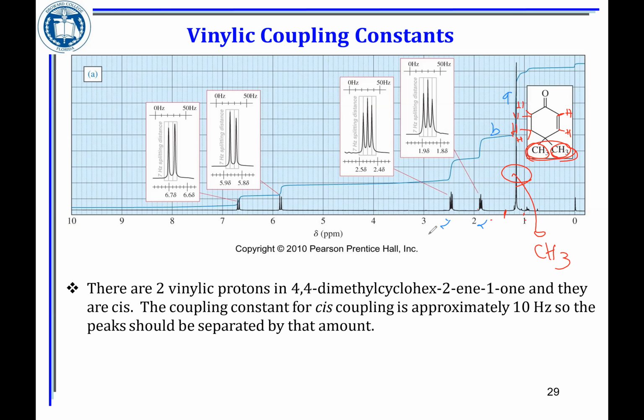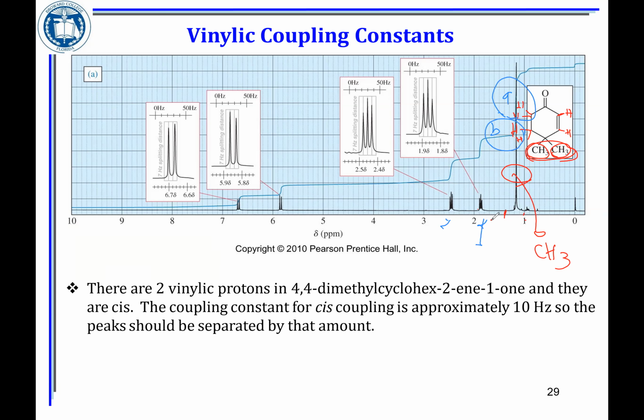If it's closer to an electron withdrawing group, it would appear at a higher number. If it's closer to an electron donor group, it would appear at a lower number. So which one belongs to A, which one belongs to B?